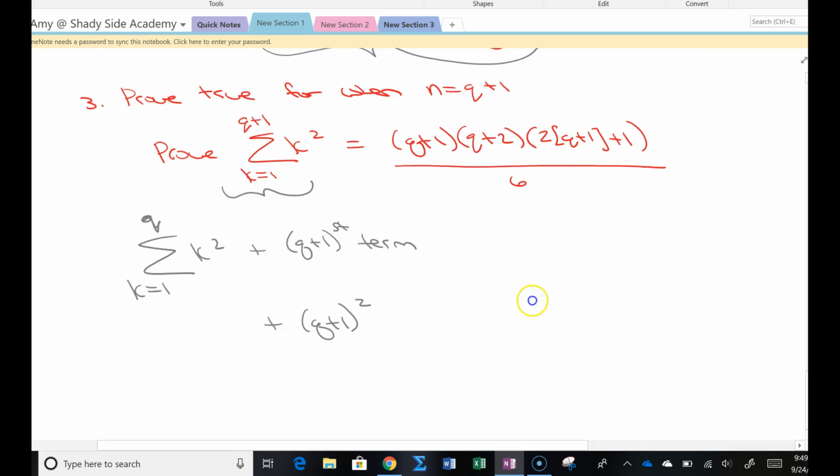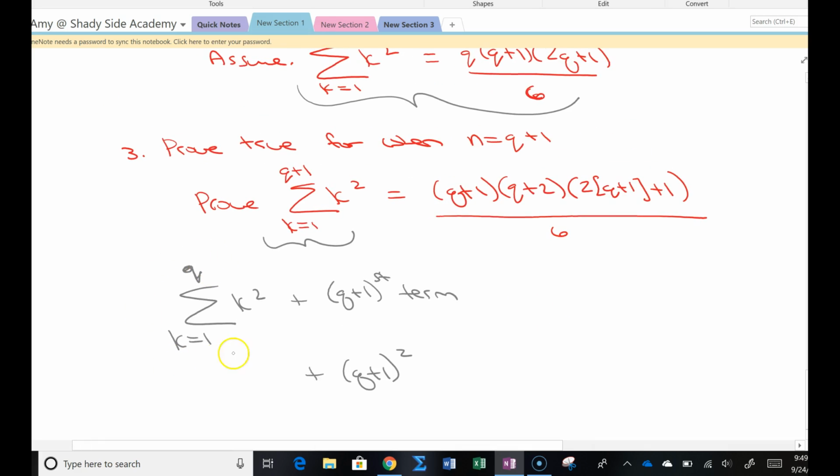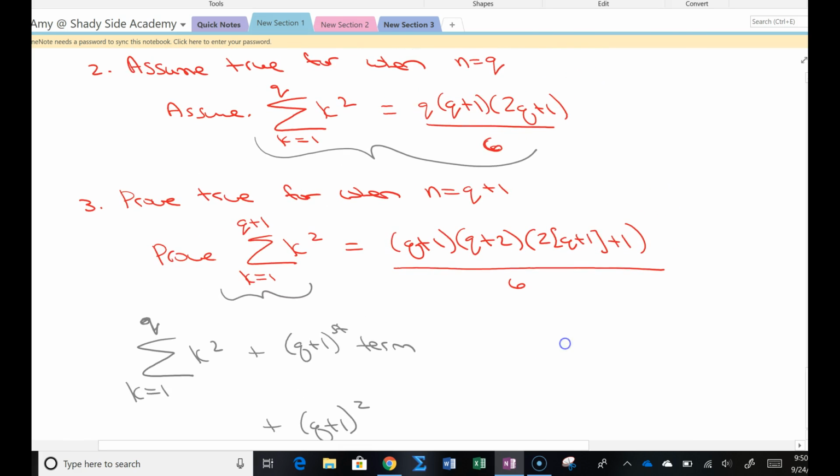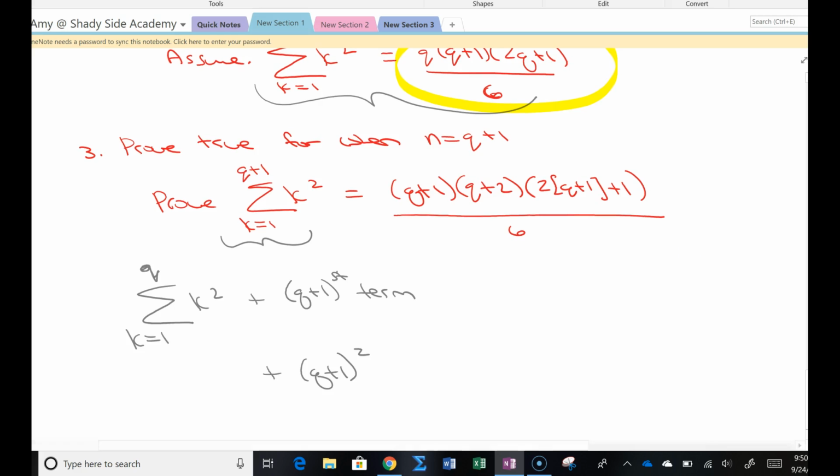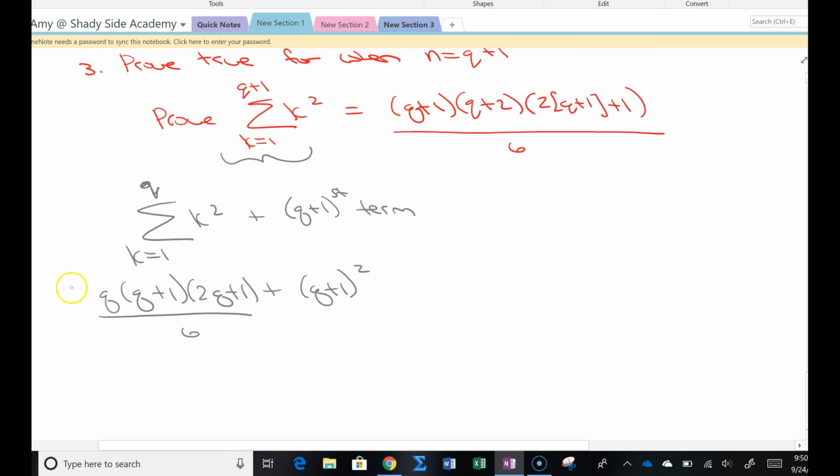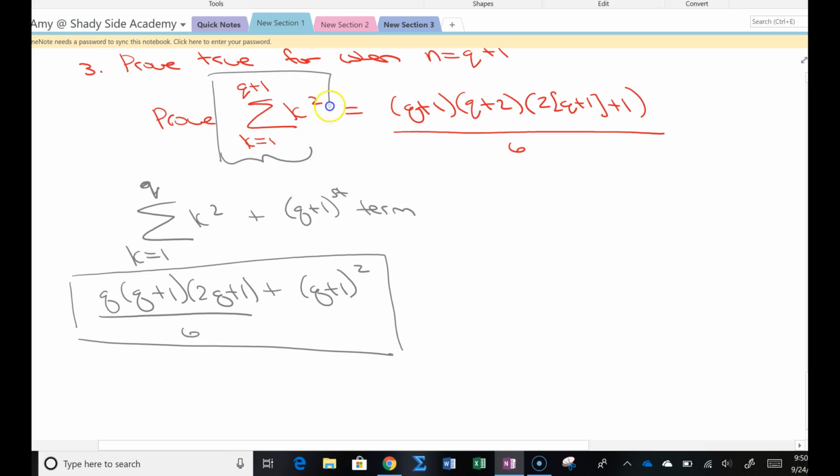Do you understand? What is the summation from k equals 1 to q of k squared? I'm going to use my assumption right here. The summation from k equals 1 to q of k squared equals this. So this becomes q times q plus 1 times 2q plus 1 all over 6. Look what I've gotten. This here is this.